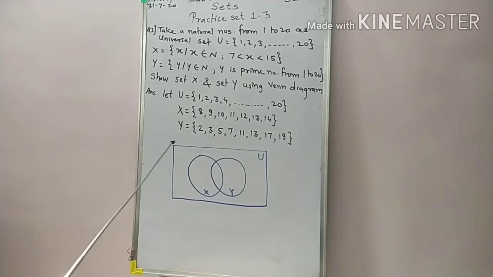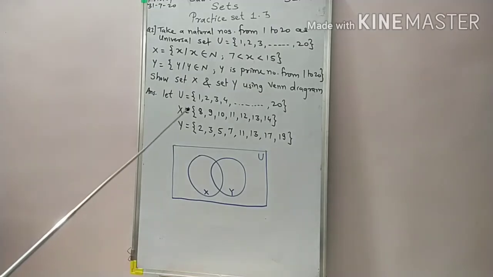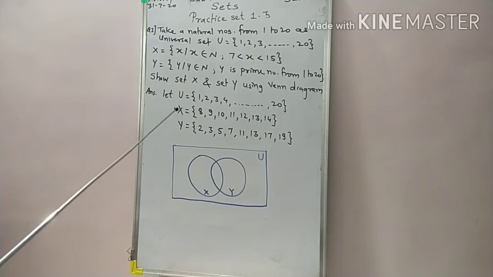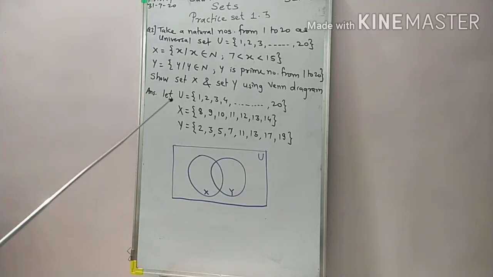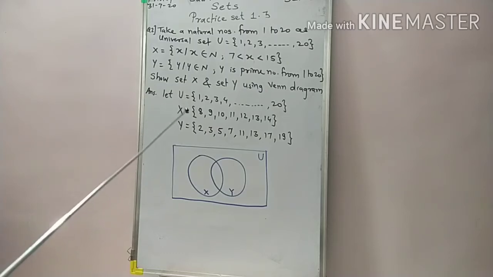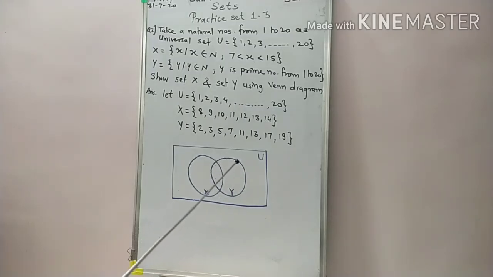So here we draw a rectangle to represent the universal set, and X and Y, both sets, are subsets of U. So we draw two circles inside the rectangle, but these two circles also intersect each other, and here we take the common part, the intersection part.